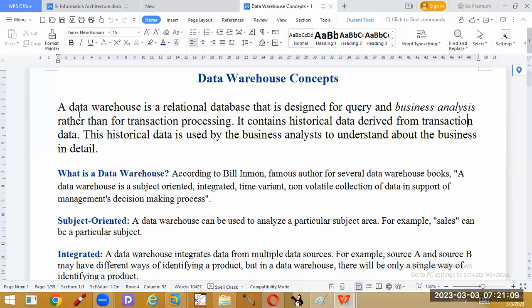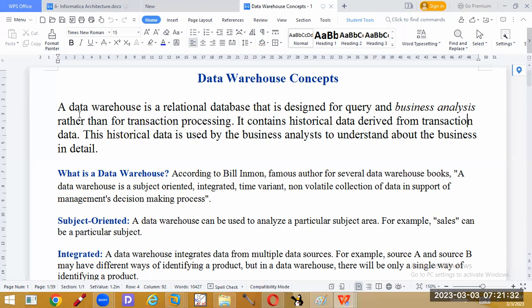So what is the data warehouse? A data warehouse is a relational database designed for query and business analysis rather than transaction processing, right? It contains the historical data, and that is the OLAP concept, online analytical processing. It contains the OLAP concept, not OLTP.